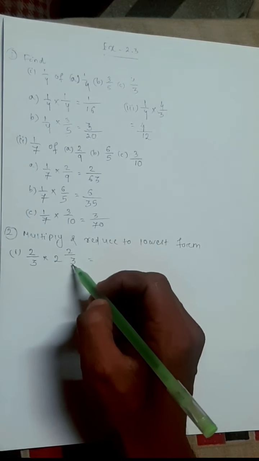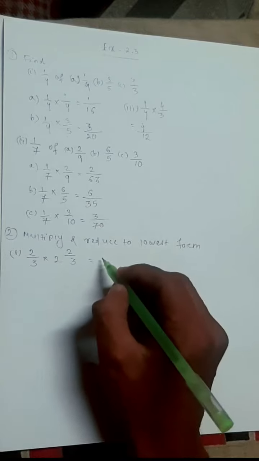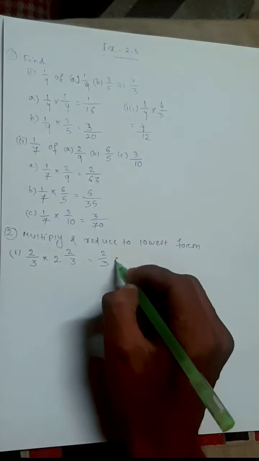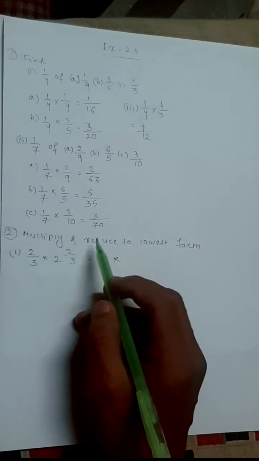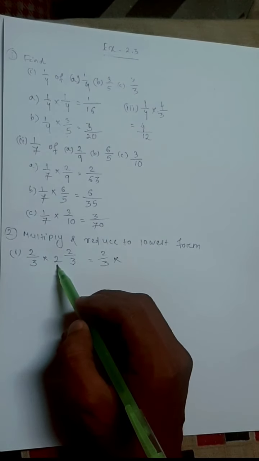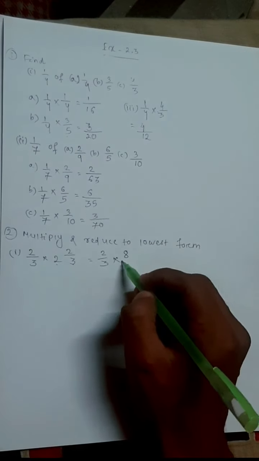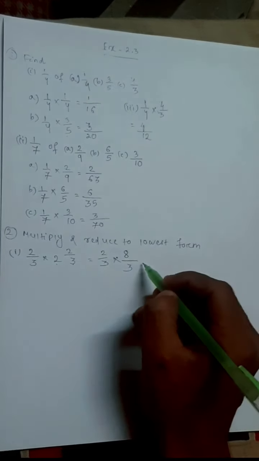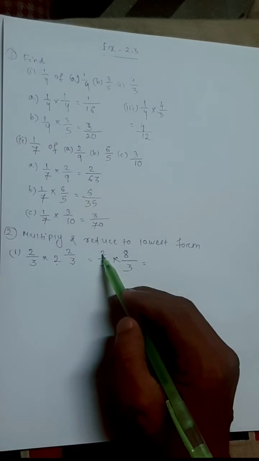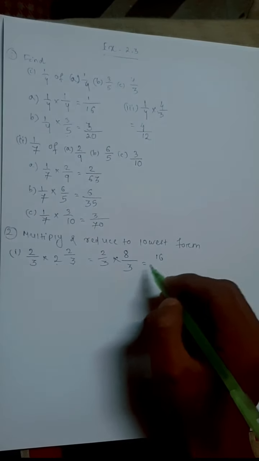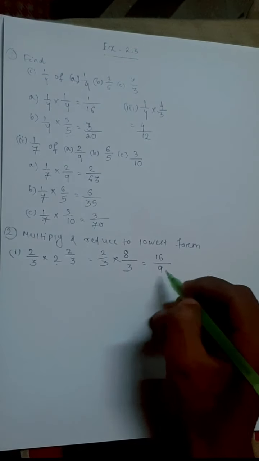It is in the mixed fraction form, so at first we have to change it into an improper fraction. That means 2 upon 3 into, if it is changed into improper fraction, it will become 3 times 2 is 6, 6 plus 2 is 8, 8 upon 3 equals, now multiply both the numerators, 2 times 8 is 16 and both the denominators 3 times 3 is 9.